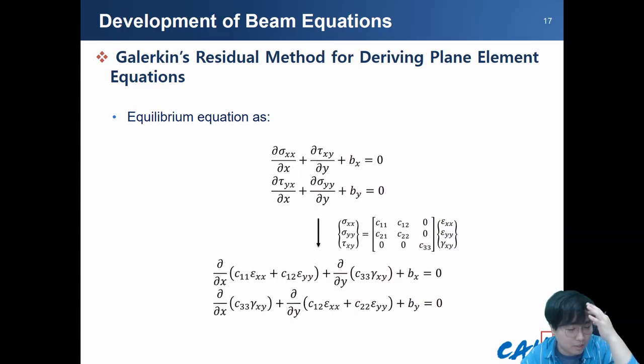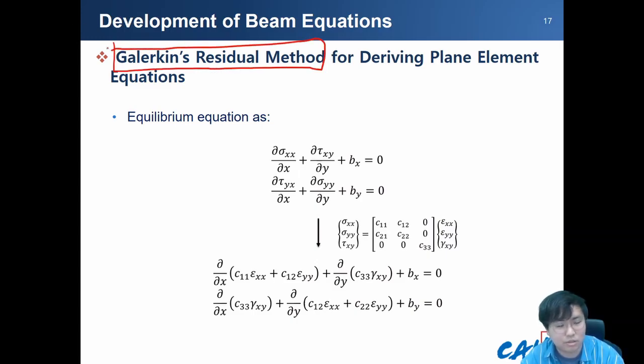You can easily apply the Galerkin residual method or the energy method to obtain the discretized equation. Among them I chose the Galerkin residual method. All methods reach the same result. So today just follow how we can obtain the discretized equation.